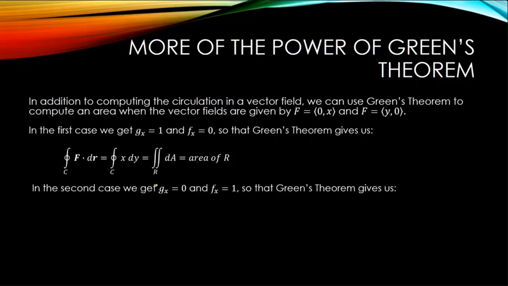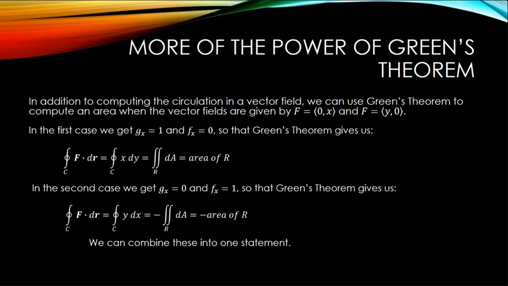In the second case, my partial of g with respect to x is 0, my partial of f with respect to x is 1, and Green's theorem here gives me the closed integral over C of F dot dr is equal to the closed integral over C of y dx, which is equal to negative the double integral over R of dA, which is the negative area of R. We can combine both of these into a single statement.